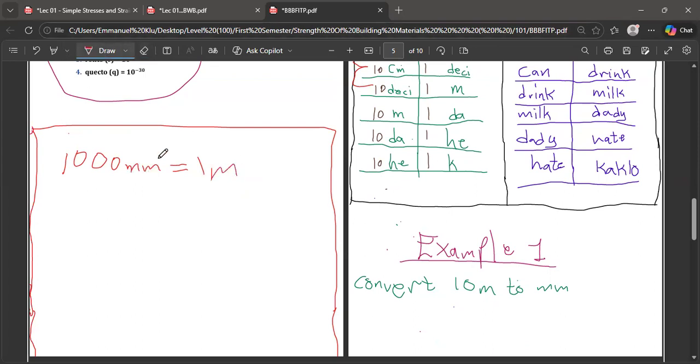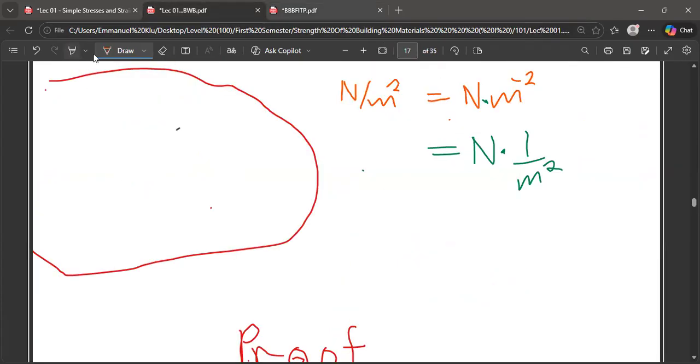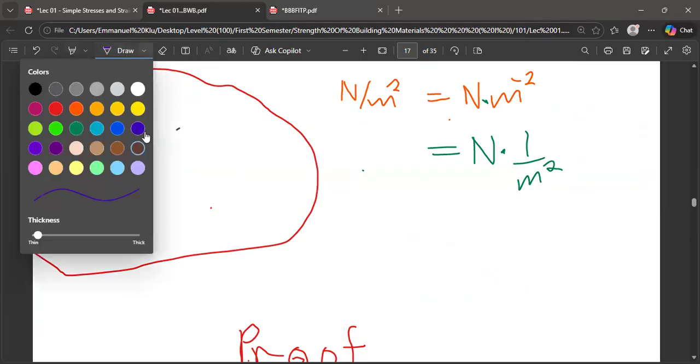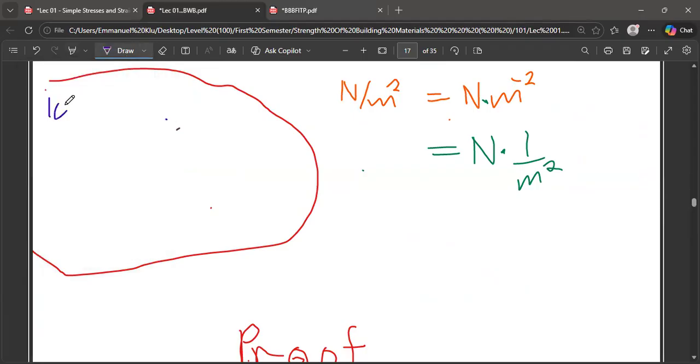If 1 meter is equal to 1,000 millimeters, then it means that if it is meter squared, we just have to square the other side. So I'm going to transfer this concept to whatever we are having over here. We are saying that 1,000 mm is equal to 1 meter.